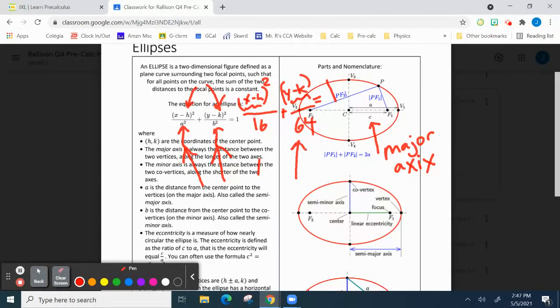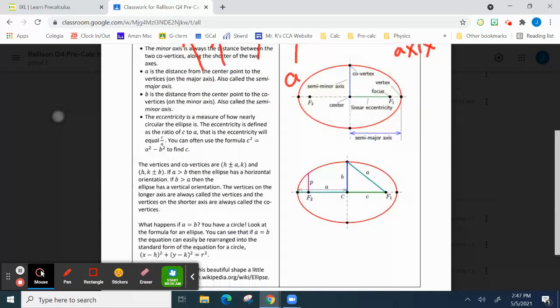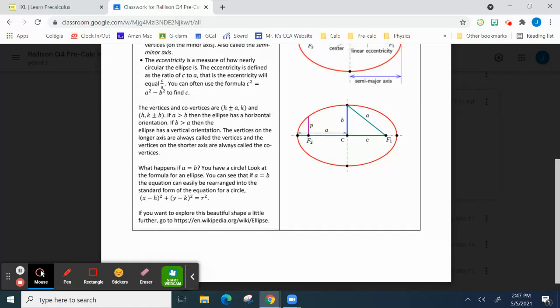So that is going to be your A. Your A is going to be on the y-axis, see, here's your A right there, and there's your C, which means if the y-axis is the longer one, if that's the major axis, A and C are going to be on that axis. So if we go down here, this is another little set of relationships that you're going to need.